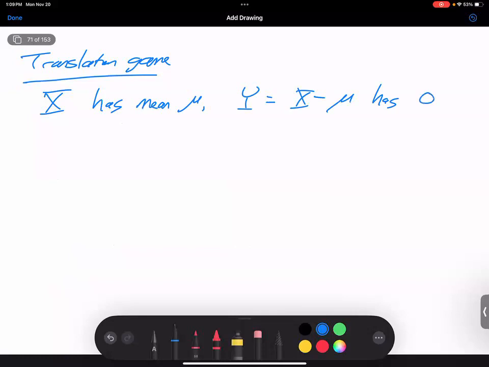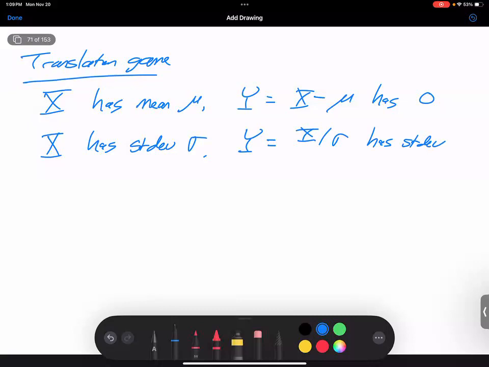If my average value is 7 and I subtract 7 from everything, my new average value should just be 0. The next is, if x has standard deviation sigma, if y equals x divided by sigma, that has standard deviation 1.